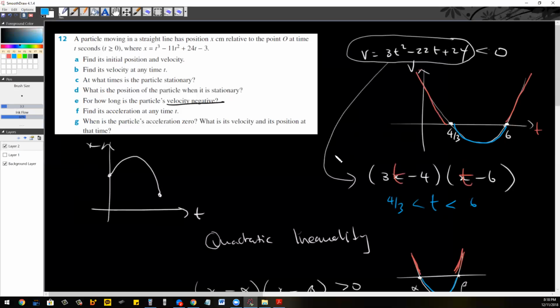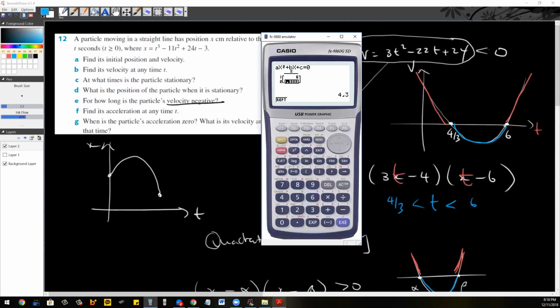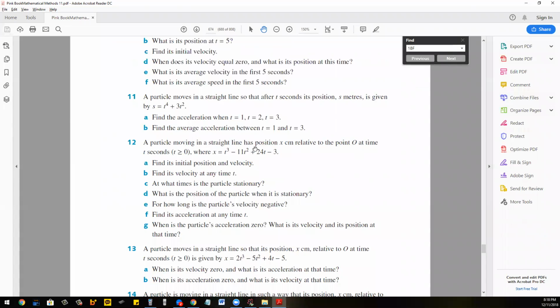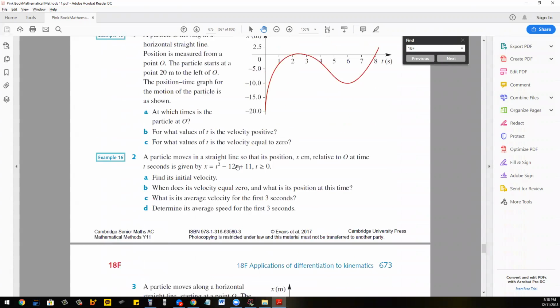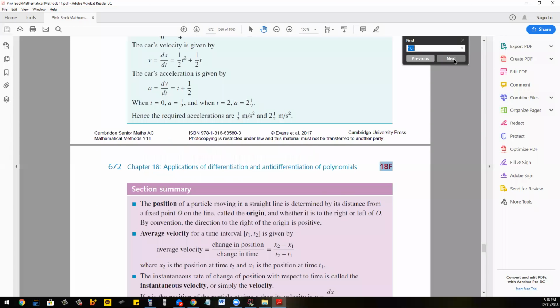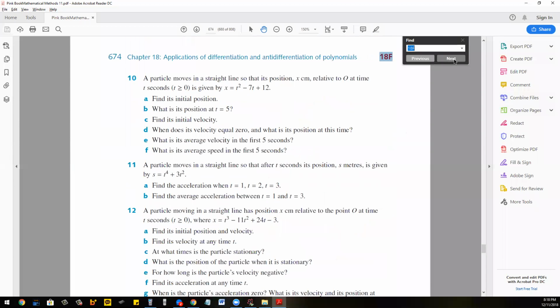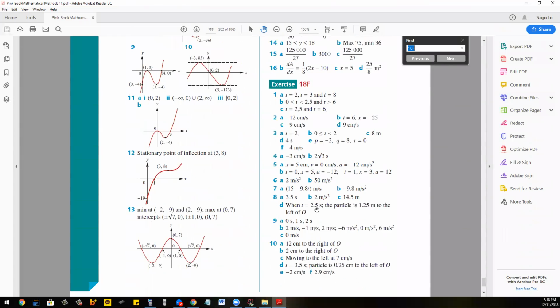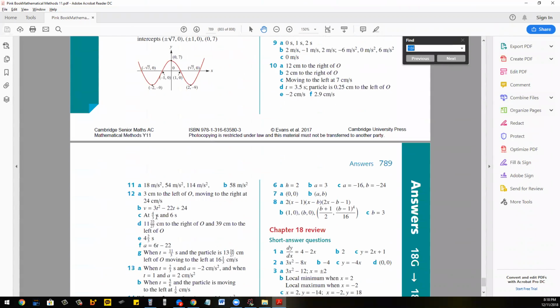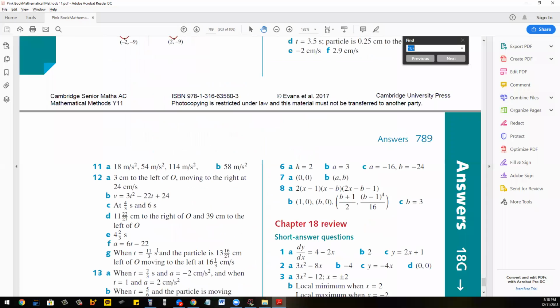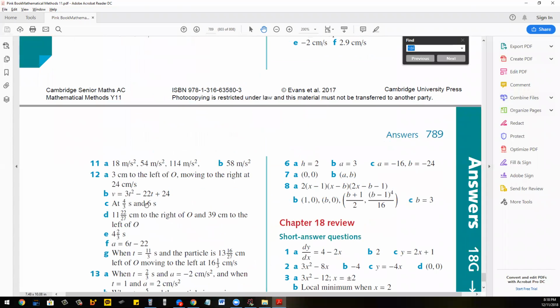Yeah. So do you want to check the answer? It's 12, right? Yep, 4 and 3 seconds, 6 seconds. Hold on, that's between, right?